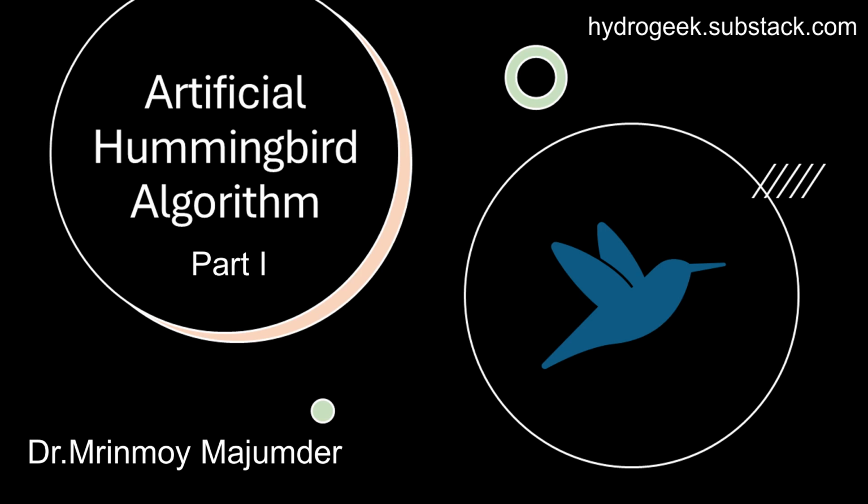That means if there are 3D coordinates of x, y, and z, then these hummingbirds can fly parallel to the x coordinate or y coordinate or z coordinate. It can even fly in a diagonal direction, that is, say the origin is 0, it can fly from 000 to 444 following the diagonal route.